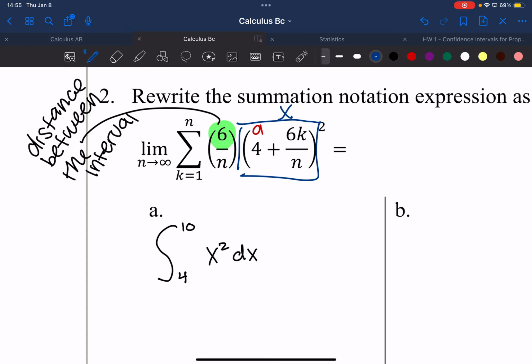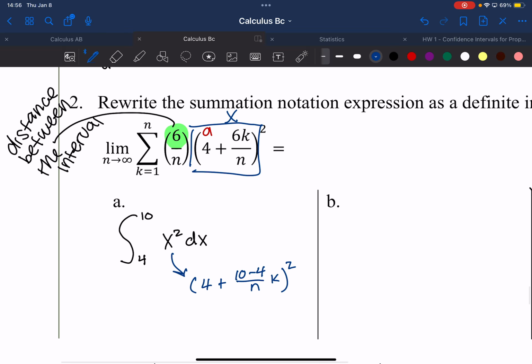And again, this is where we are representing x as 4 plus 10 minus 4. That's how we get the 6 over n times k squared. That is what that function is representing directly from that summation here. However, we can also assume that instead of 4 being a, like it says in the formula, what if 4 was a part of the original function?